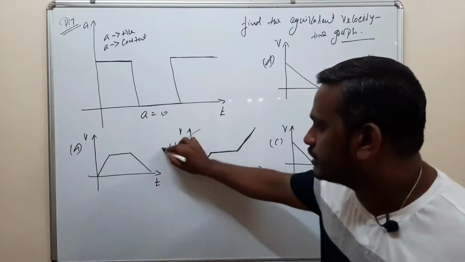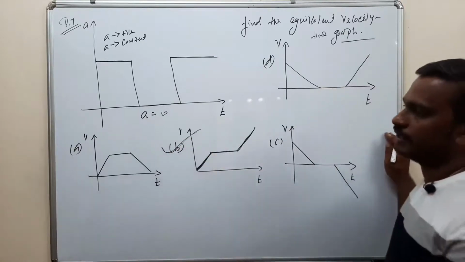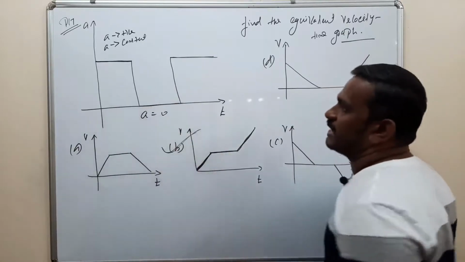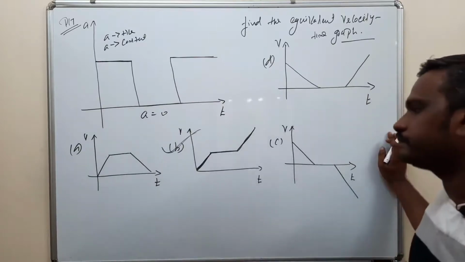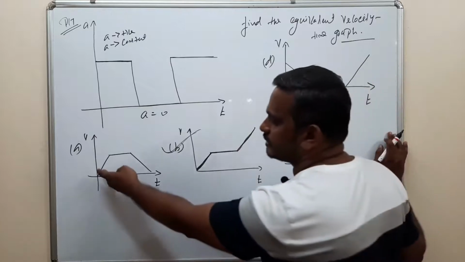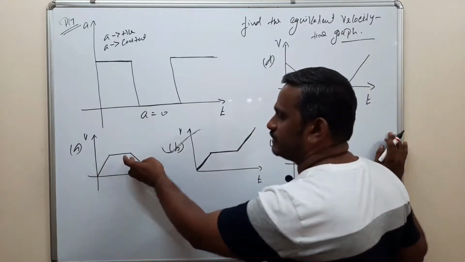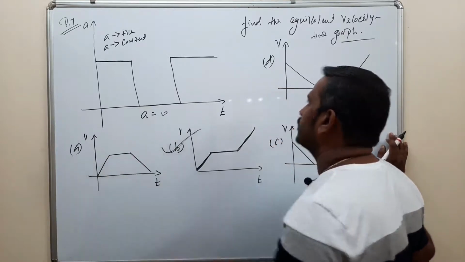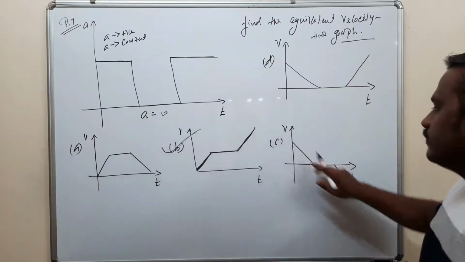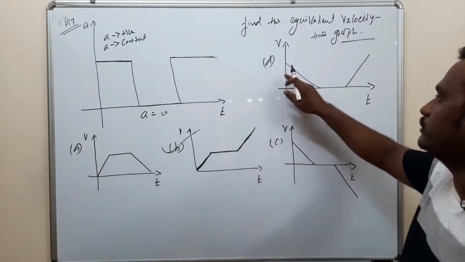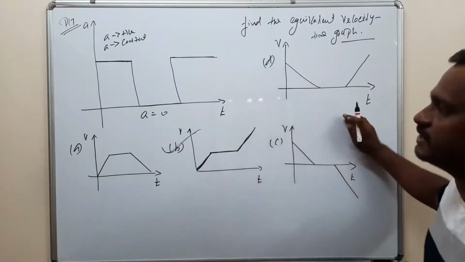So option B is the answer. No other graph matches with this acceleration time graph. In the other graphs, acceleration is positive, then 0, then becomes negative here. Here, from the starting itself, acceleration is negative. Here also, from the starting itself, acceleration is negative.